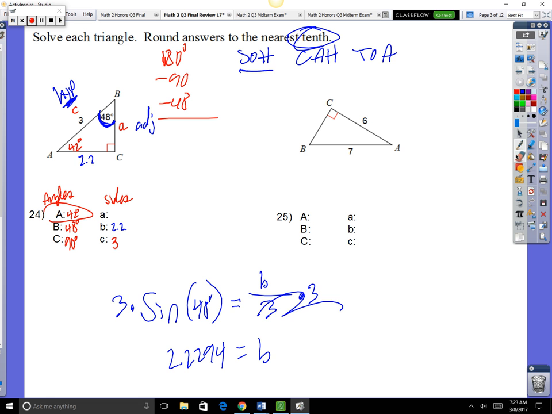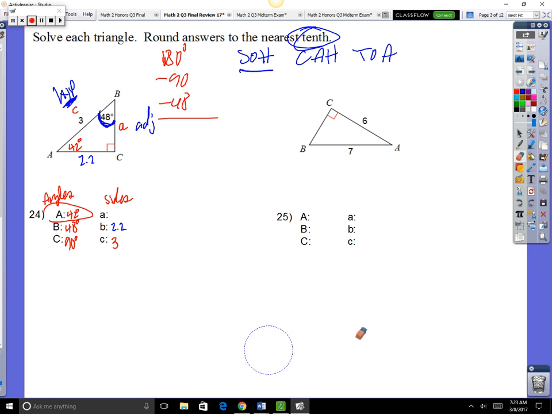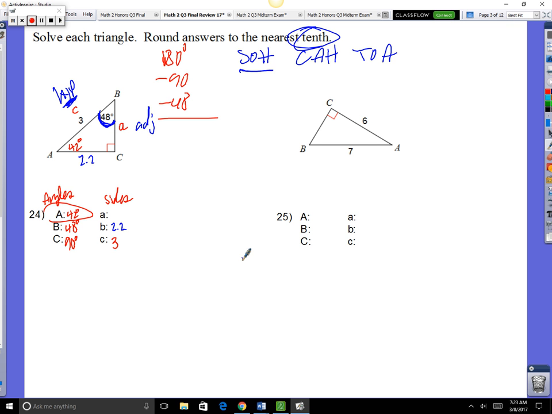You can just do trig. So I'm just going to, trig's going to be faster. Once you get used to trig, it's kind of preferred. So now I'm going to do this side with this, and the adjacent with hypotenuse, that's cosine. So now I'm going to do cosine, which is a totally different fraction. I'm going to go still from 48.